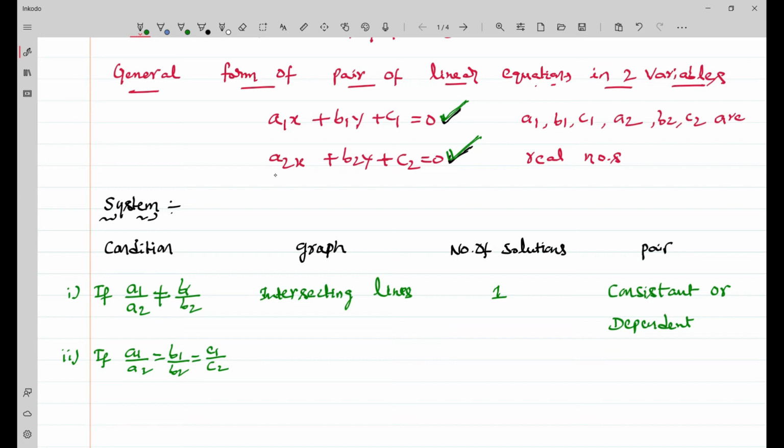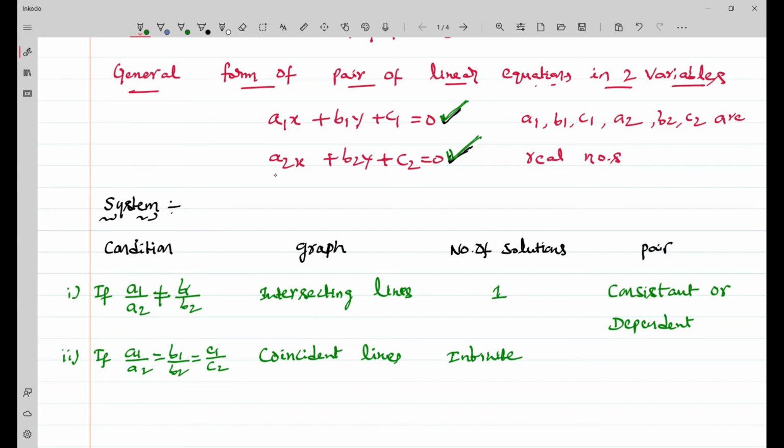That's why we can say both the lines are coincident lines, and both are overlapping each other. As we studied in class 9, every linear equation in two variables has infinitely many solutions. That's why the number of solutions will be infinite.